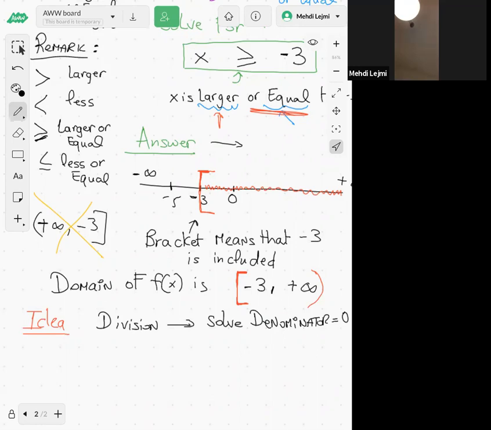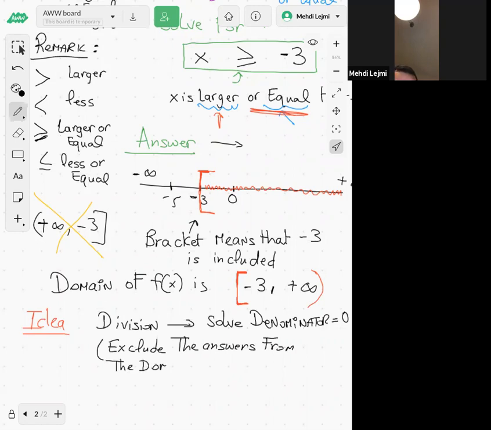Okay, so if you have a division, solve the denominator equal to 0, and you have to exclude the answer or the answers from the domain.